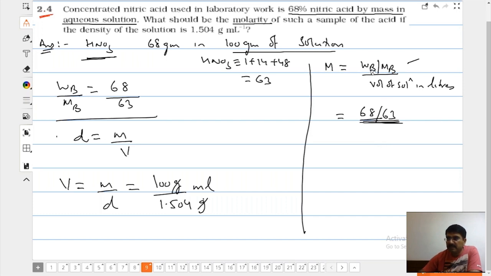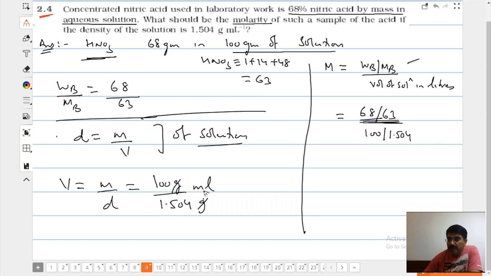But I have to take the mass of solution, here 100 gram of solution, and this is the density of solution. So this is 100 divided by 1.504.